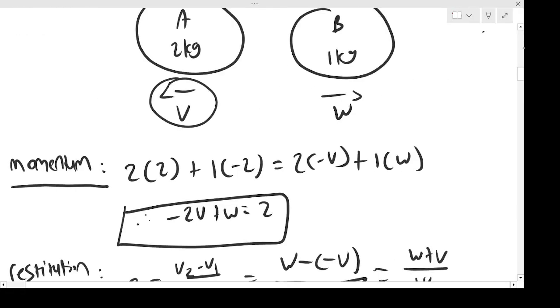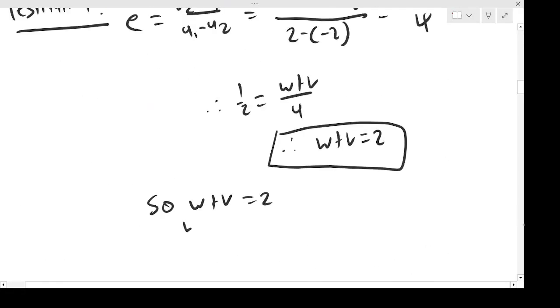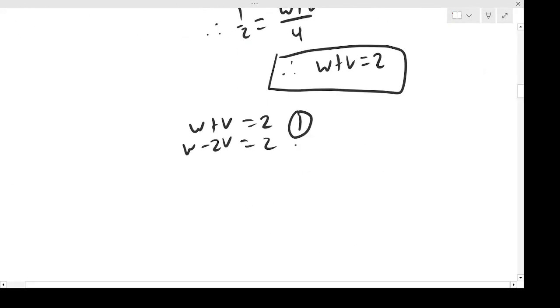And also for momentum, W minus 2V is 2 as well. Okay, so at this point I've got standard, quite nice simultaneous equations, so solve them however you like. I think the best way is to take these away because then the W's cancel. So you're going to get 3V is going to be 0, and therefore V is also 0.